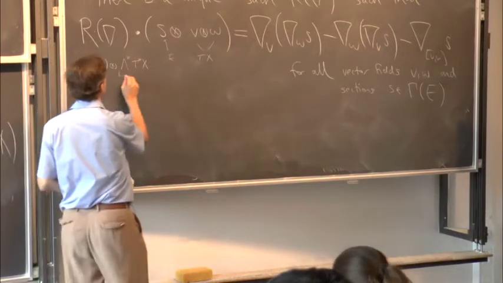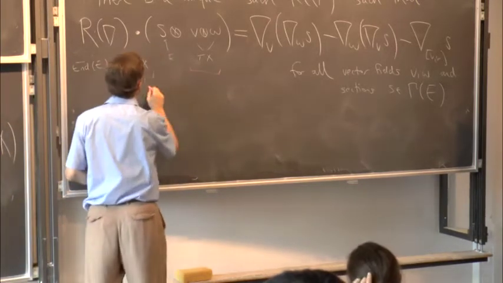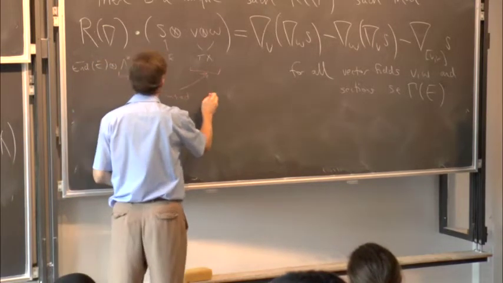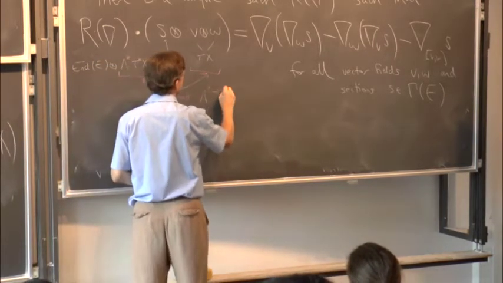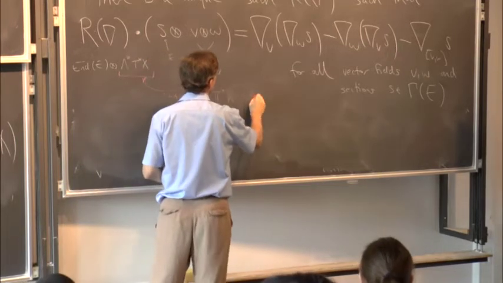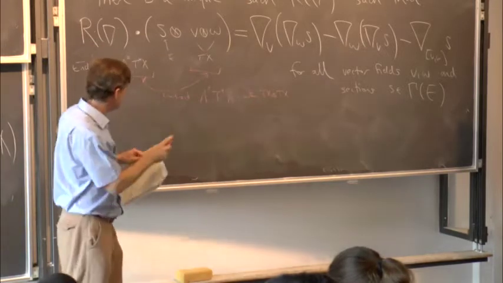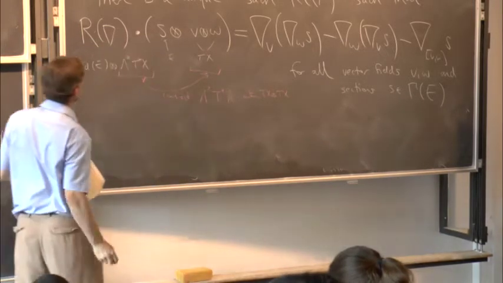you contract the Λ²T*(X) with the TX tensor TX using the dual pairings. So those just reduce to functions.